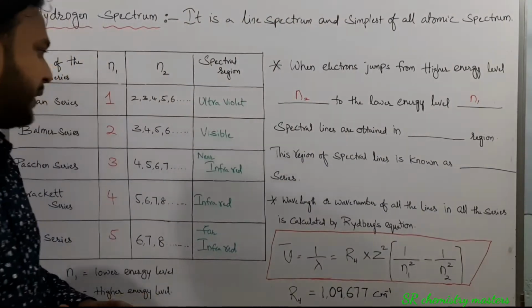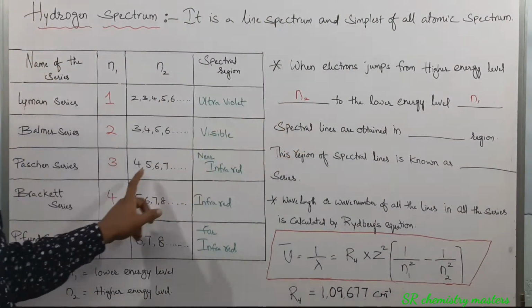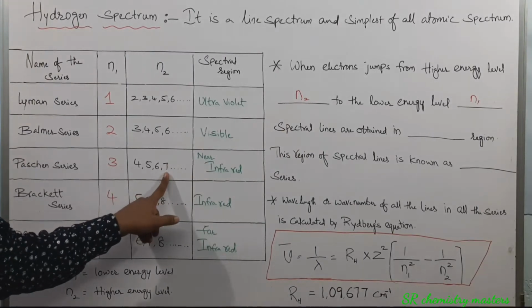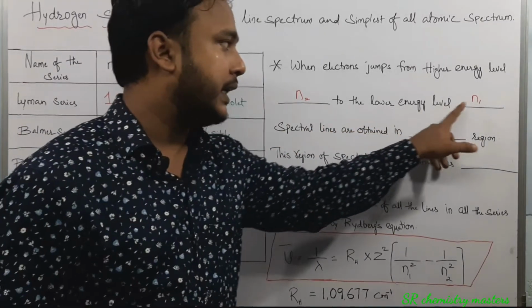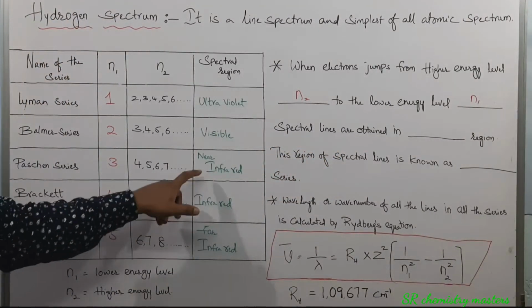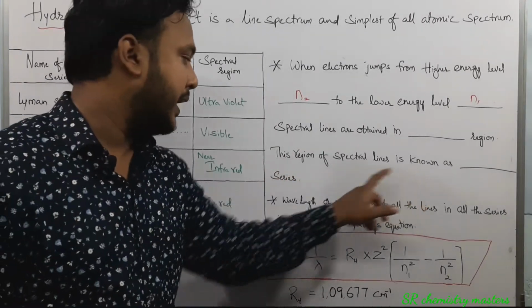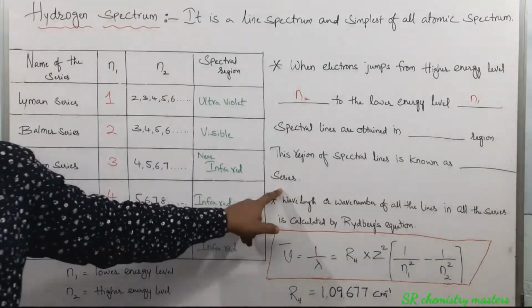Next to the Balmer series, we have the Paschen series. Here the N2 values are 4, 5, 6, 7 and so on, whereas the lower energy level, that is the N1 value, is 3. The spectral lines are obtained in the near infrared region, and this region of spectral lines is known as the Paschen series.